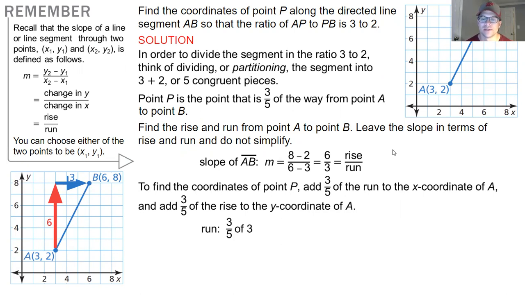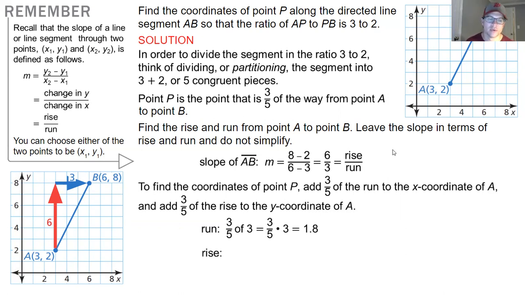Since our run is 3, we're going to take 3/5 of 3, because we want to go 3/5 of that run direction. The word of just means multiply. So we're going to take 3/5 times 3, which is going to be 1.8. So our run of the partition is only 1.8. 3/5 of that whole run is 1.8.